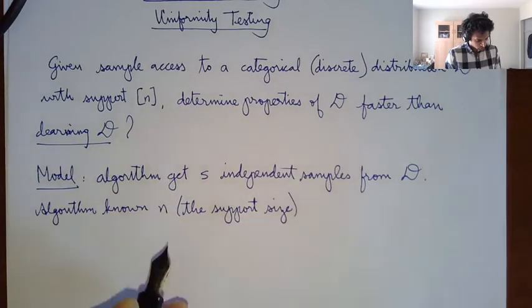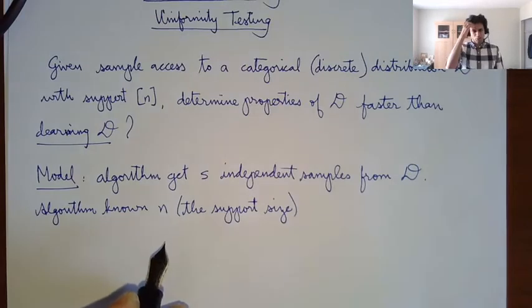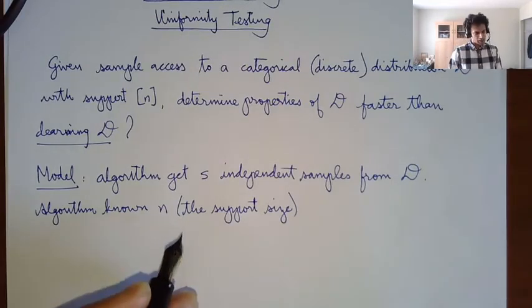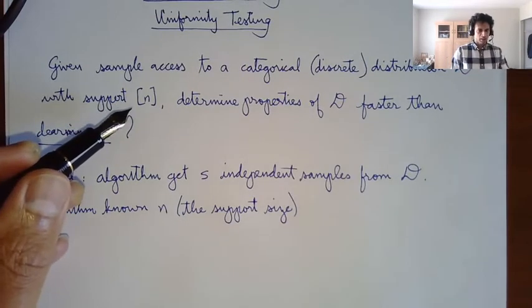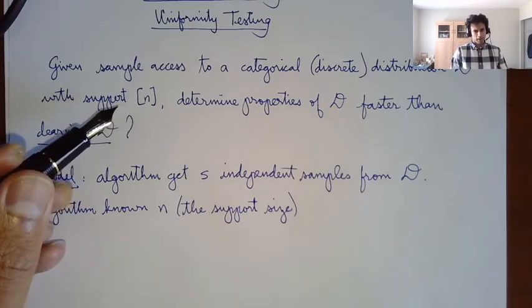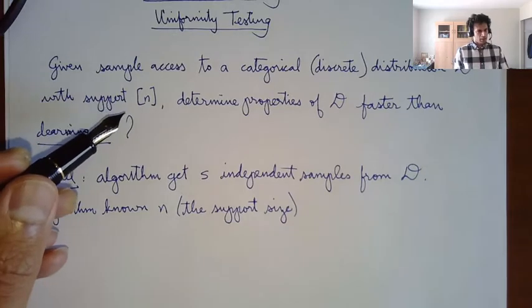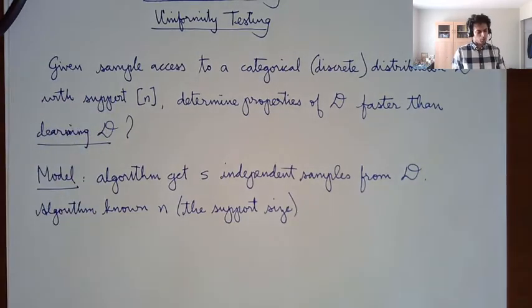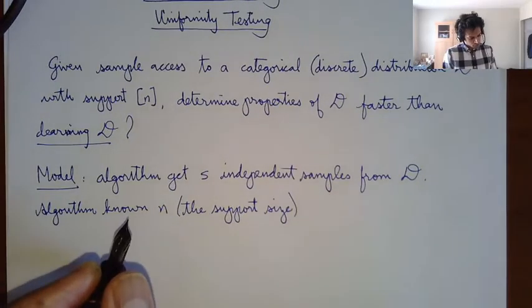We'll see that basically the algorithm only needs to have an upper bound on the support size, and we say the support is the set of positive integers up to n, but that's not going to be fundamental. Like the support can be essentially any set, and the algorithm doesn't need to know what the support is, although it will need to know a bound on the support size. So the algorithm knows the support size.